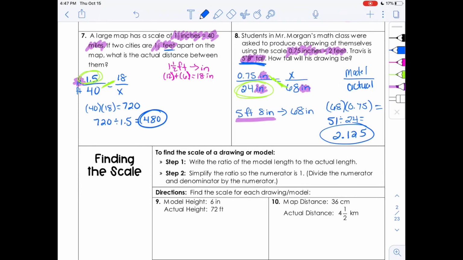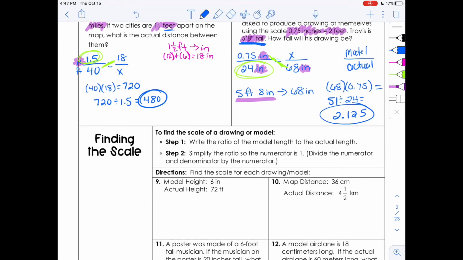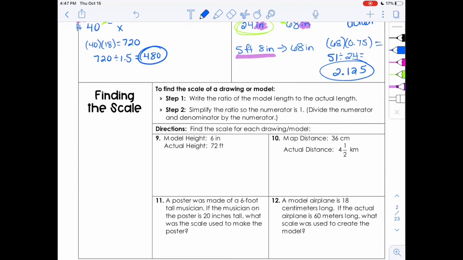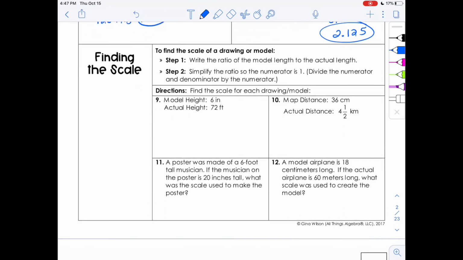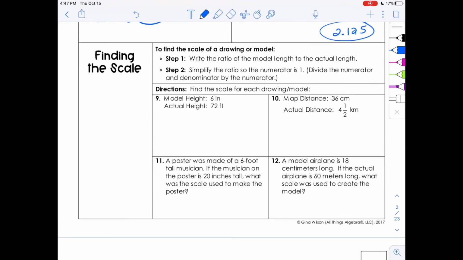Now the next part we're going to be looking at is finding the scale. So in the previous problems, your scale was given to you and you had to find a missing piece of information. In this next set of problems, we're going to find the scale. So there's a couple steps that you do when finding the scale. First, you want to write a ratio.